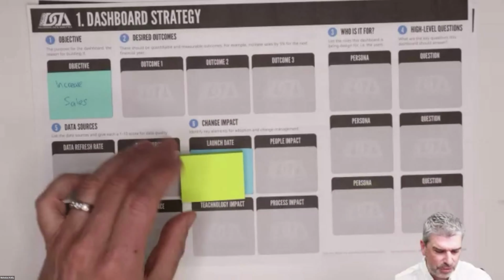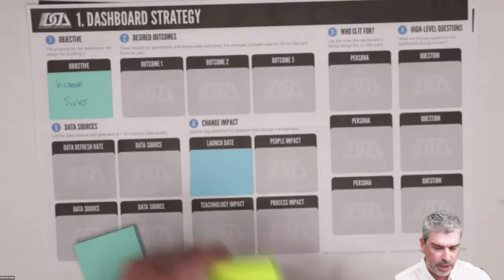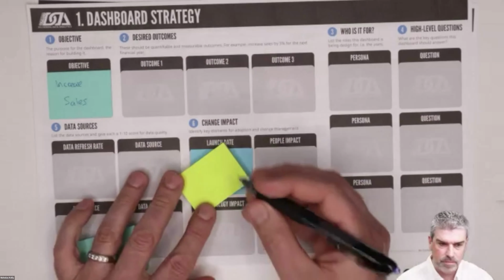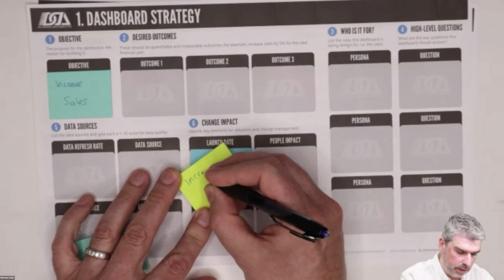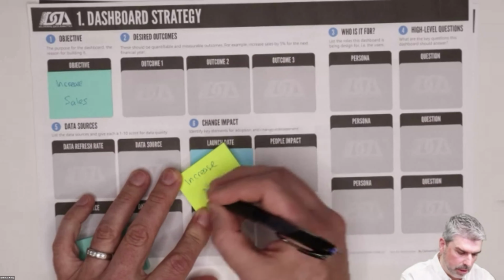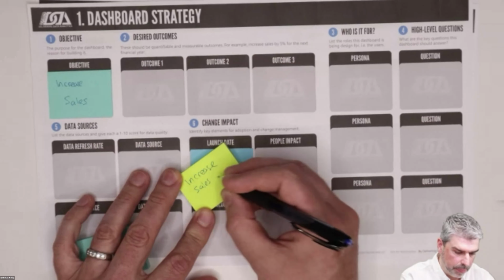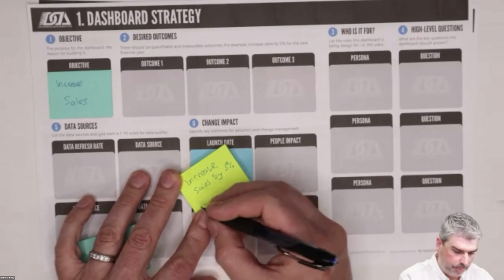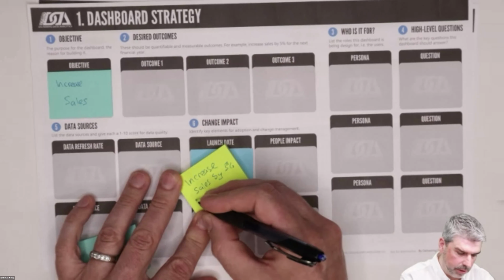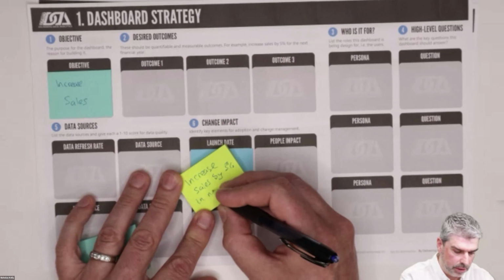I like using different color sticky notes, right? So let's just take that example. So increase sales by 5% in the next FY. It's next financial year.